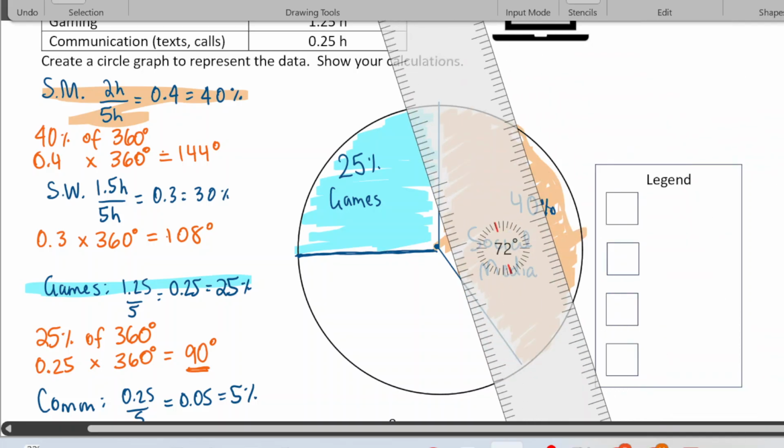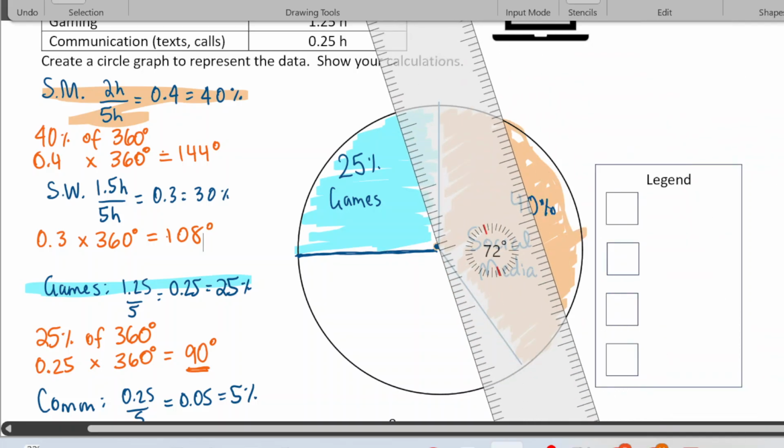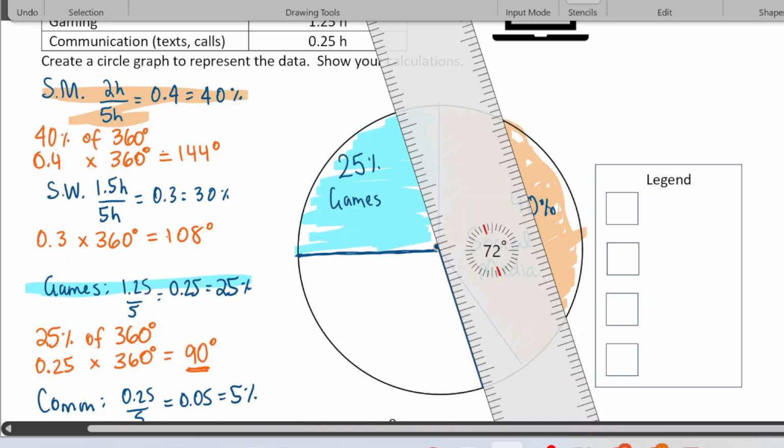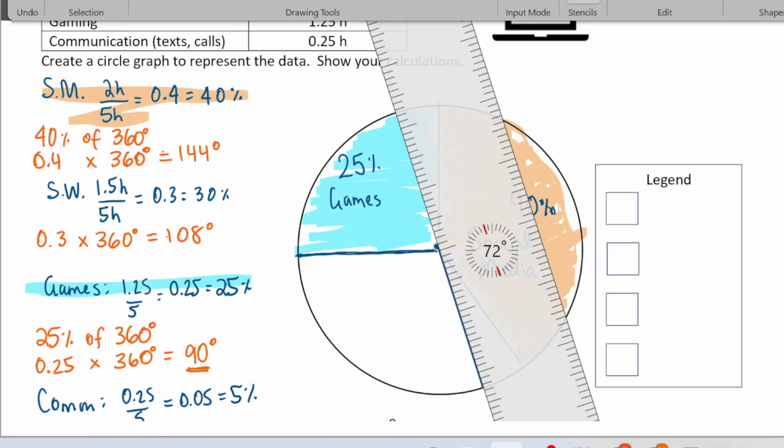Okay, so let's move that on here. Yes, that works. So it's a little tricky with this ruler because of the angle that it measures on. But basically what I did there is I did a little bit bigger. So I went 90 plus 18, but because of the way that it measures, it works out to be 72 here. But it's 108 degrees from the games section, so that's schoolwork.